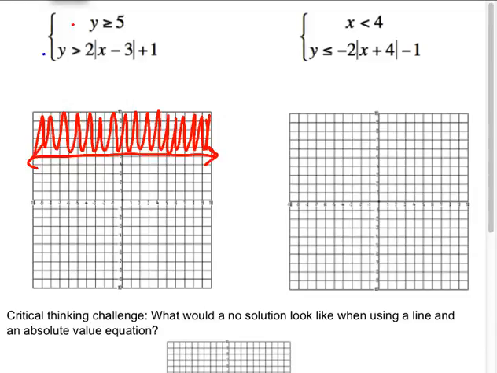Absolute value graphing. Of course, we're looking to see where is the vertex. This shifts the vertex to the right 3, up 1, and then this represents the slope. Okay, so remember, that's going to send me up 2 over 1, up 2 over 1, and then of course the same in the opposite direction.